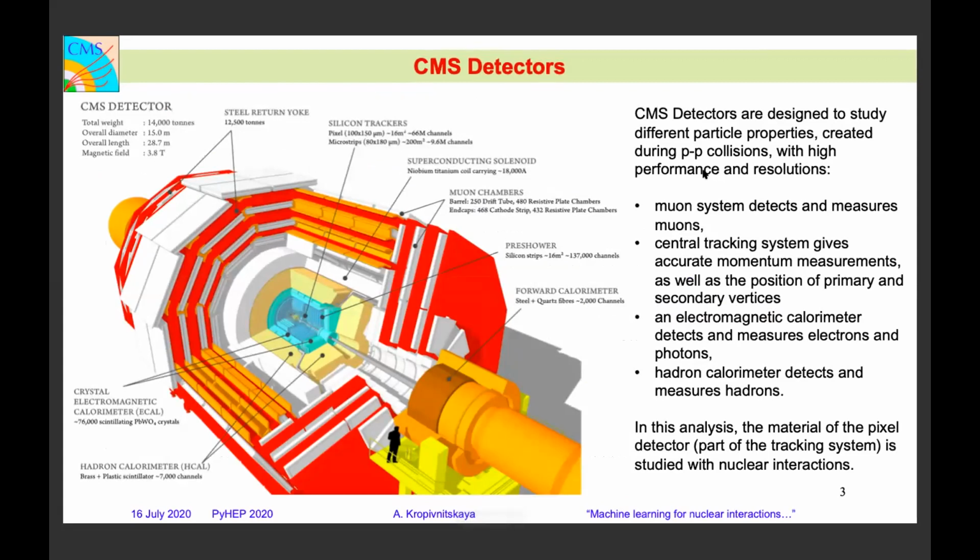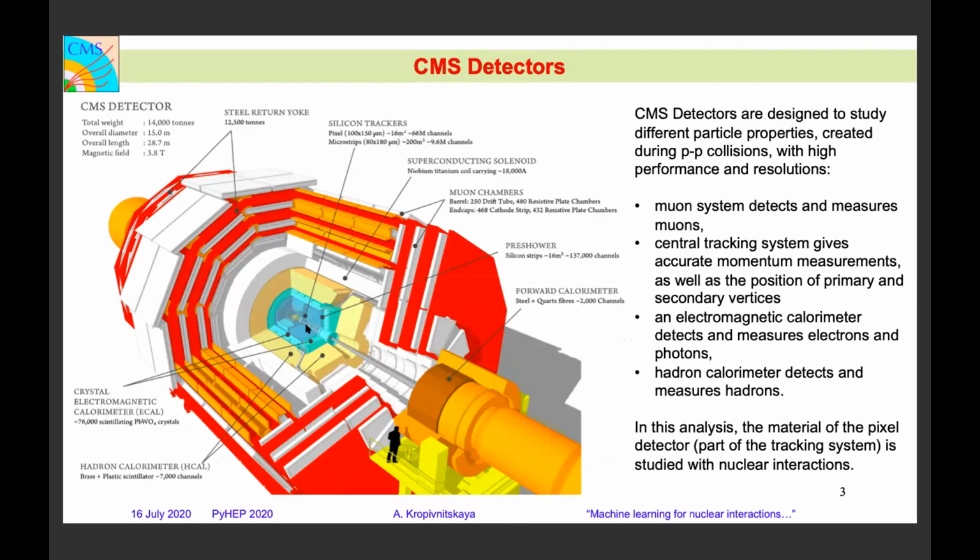So what is the CMS detector? Because maybe some of you are not familiar. These detectors are designed to study different particle properties created during proton-proton collisions. Here you could see a schematic view of the CMS detector.